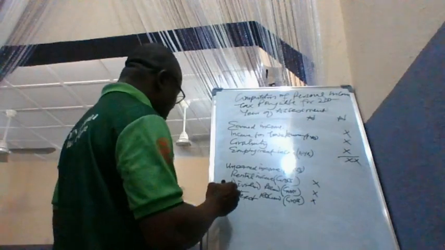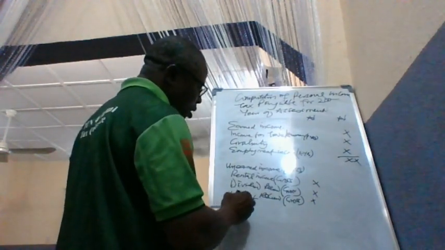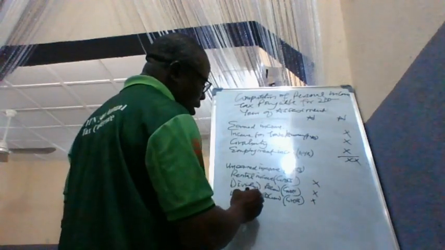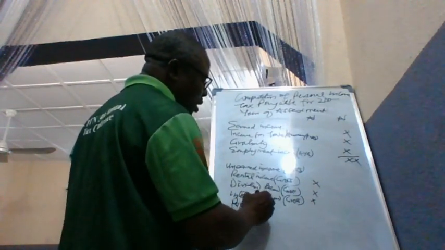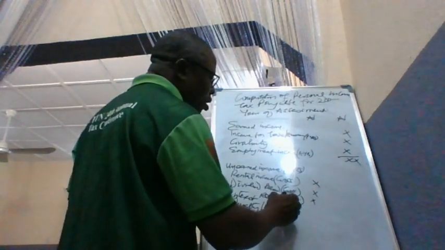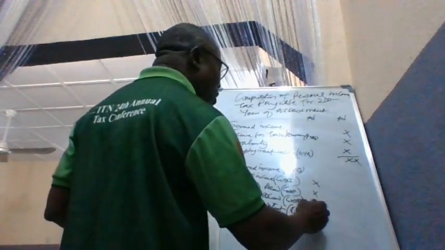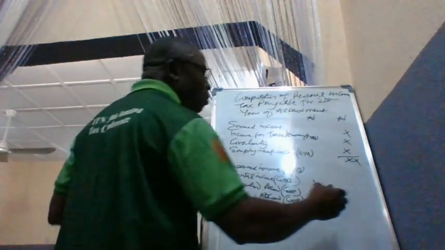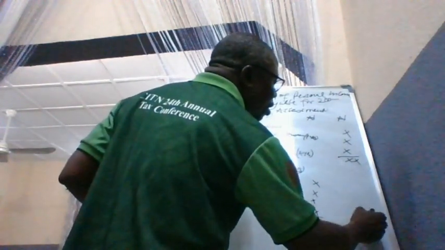And then the next one may be royalty, depending on what comes in, royalty, and then patents and so on received, all gross it. Then you add this, bring the total here under the total column.